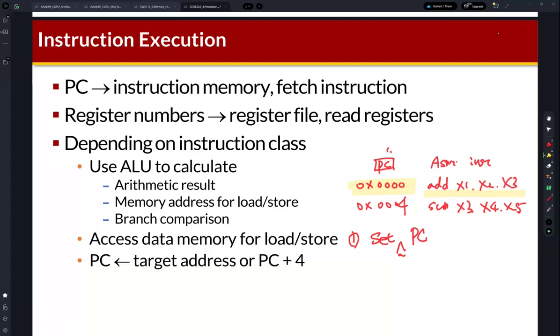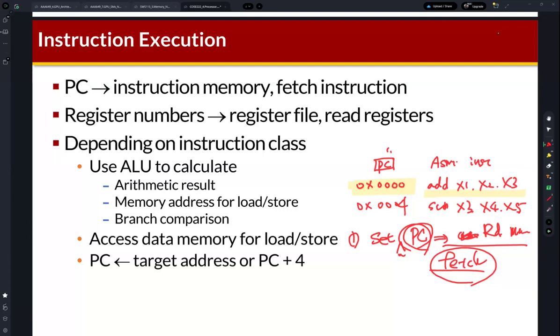And then using this program counter value, where is the instruction? The instruction is in memory, right? So using this PC value, a processor needs to access memory. It means reading memory using the PC.